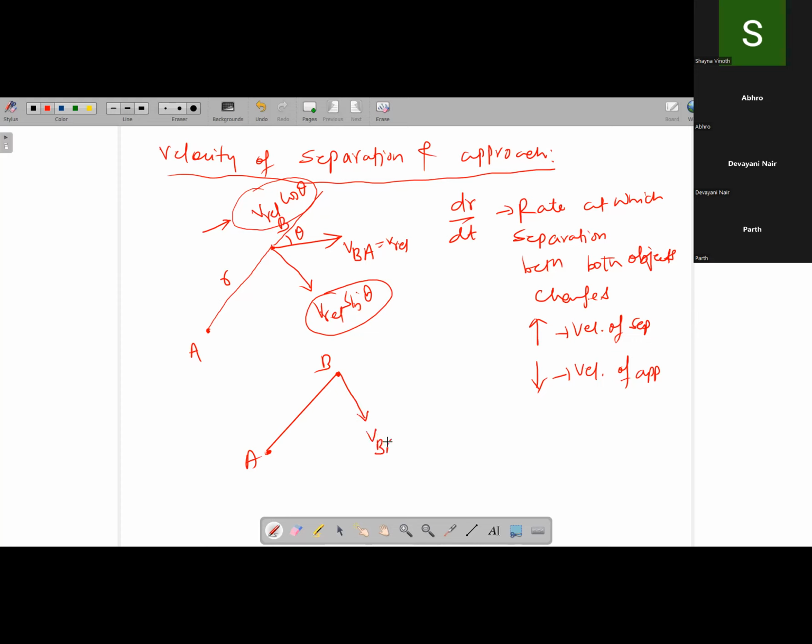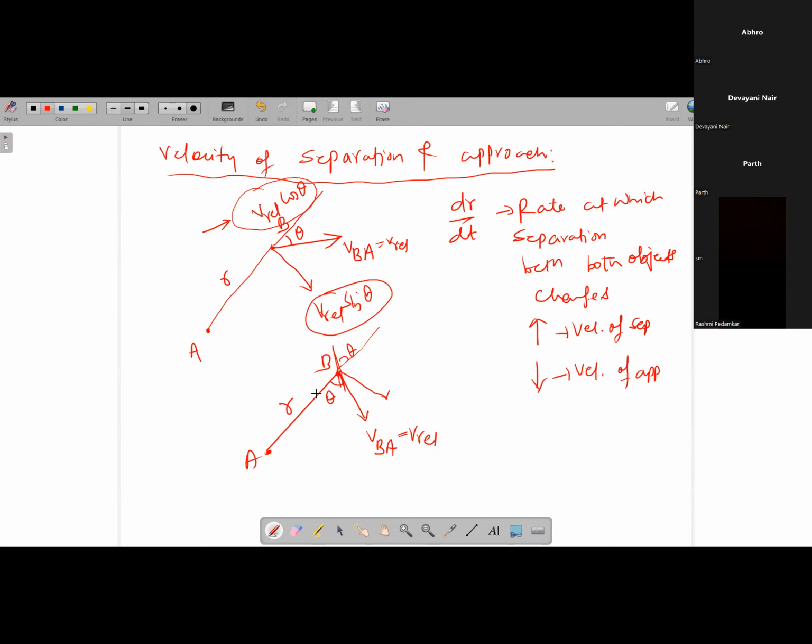So this is the velocity of B with respect to A. Again, if you break this velocity into two components, one component will always be along the line joining A and B, and the other component will be perpendicular to it. Suppose this angle is theta.